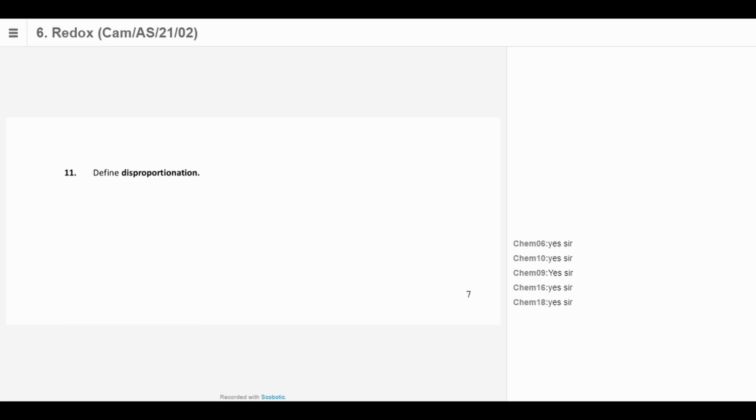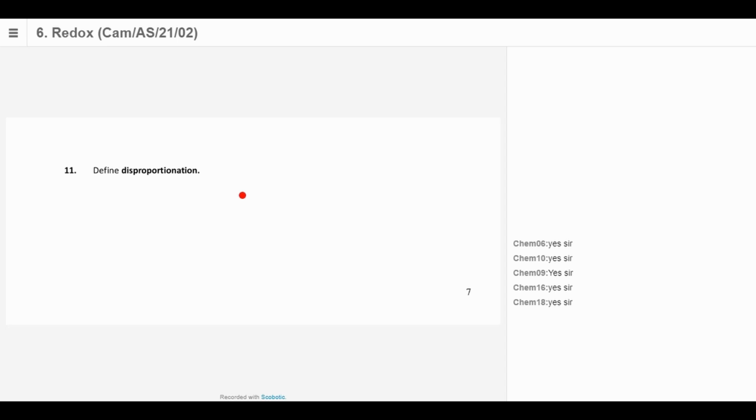And at last, our discussion was on the disproportionation reaction. I explained what a disproportionation reaction is and the difference between a redox reaction and a disproportionation reaction. There's a difference. In redox reactions, one species is oxidized, whereas the other species is reduced.